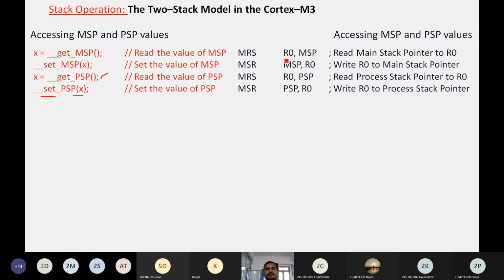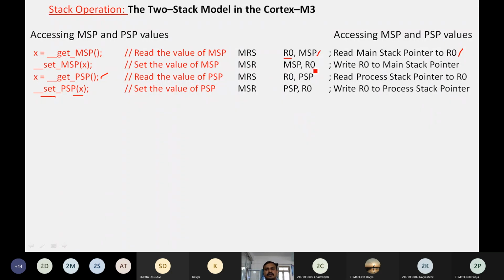So the content of R0 is altered by this value of MSP. That is nothing but the read task. MRS R0 comma MSP, nothing but the main stack pointer is going to be read into R0 register. Whenever we want to set the MSP register value, then we need to use the write instruction, MSR MSP comma R0.